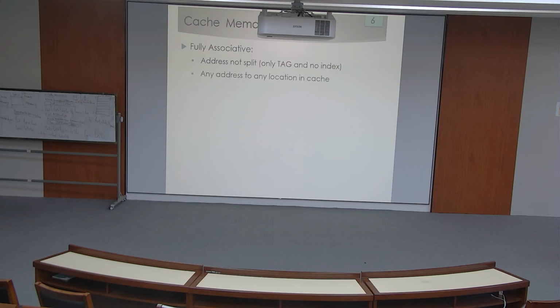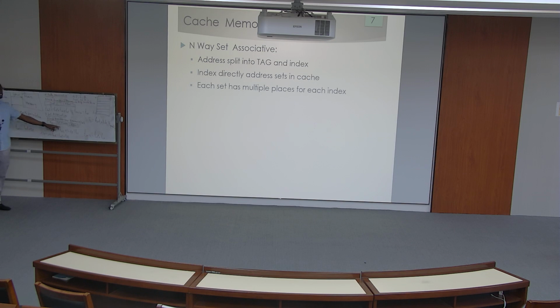For fully associative, we have a block from the main memory that can be loaded into any cache line. For set associative, the address needs to be split into the tag and the set number. We need to know the set number into which the block from the main memory needs to be loaded. And here we have the index, which immediately addresses the set in the cache.